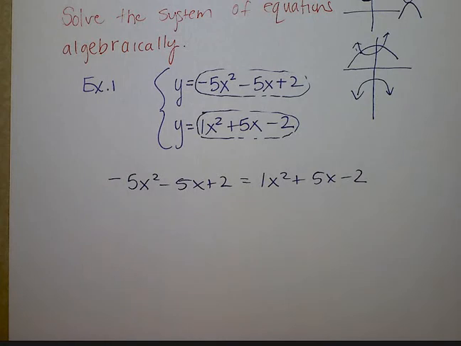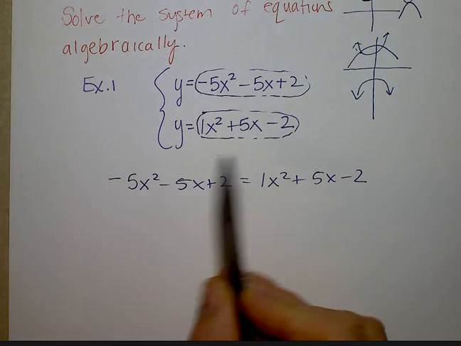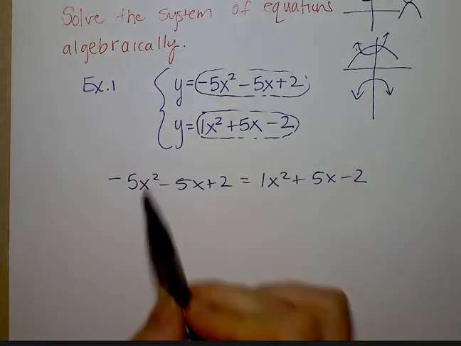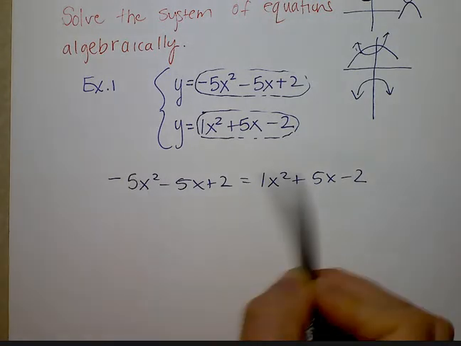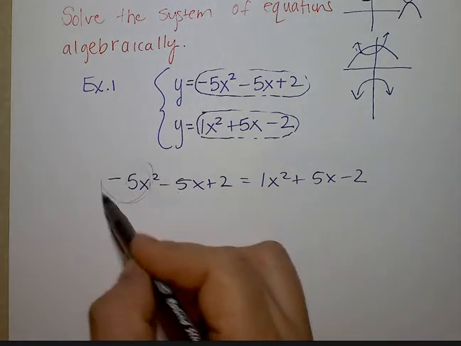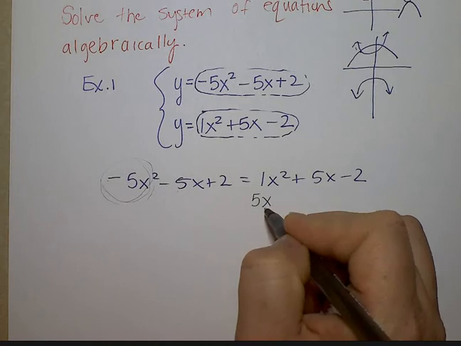Okay, now I'm going to combine like terms, and there's no wrong way to do this. I can move everything on the right to the left or everything on the left to the right. I personally would prefer to move, in this case, everything on the left to the right. And the reason I would like to do that is then when I move this negative 5x squared over, it becomes a positive. So that's my reasoning, but you can move either way.